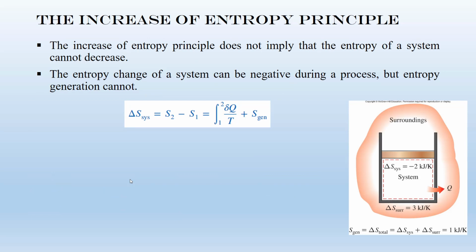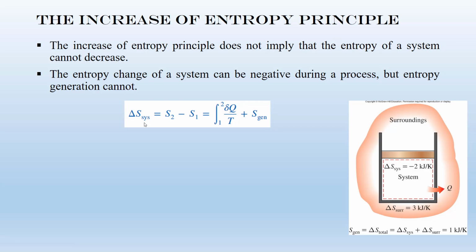So here you can see a kind of summary. Keep in mind that the S generation is a combination of the delta S for the system and the delta S for the surroundings. The delta S for the system can be determined from this equation, and can be negative, positive, or 0.